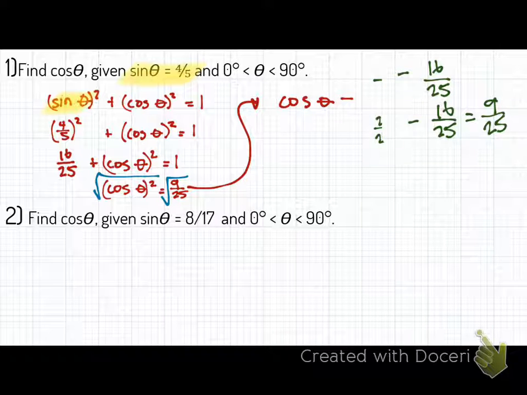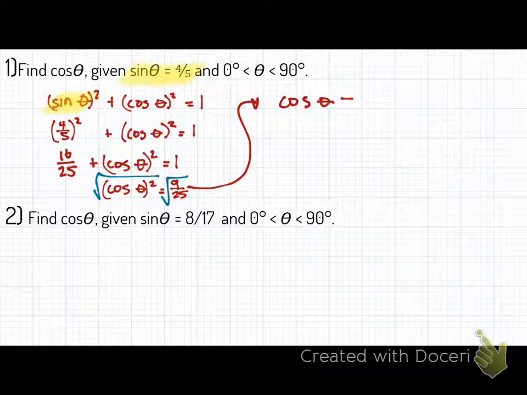I'm going to erase the side problem. Cosine of theta is equal to plus or minus rad 3 over 5, right? Because the square root of anything has two answers. It has a positive answer and a negative answer. Square root of 9 is 3. Square root of 25 is 5, right? Does that make sense so far?